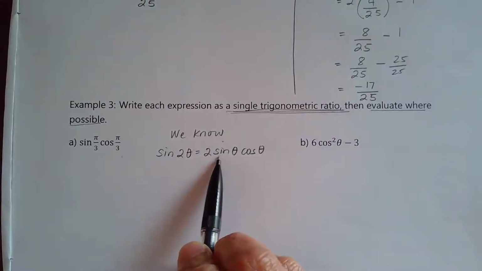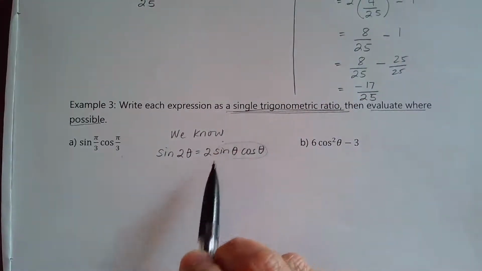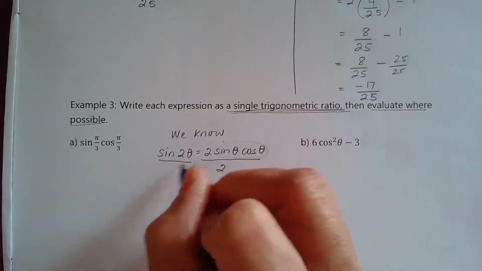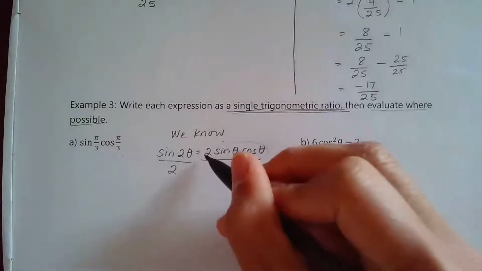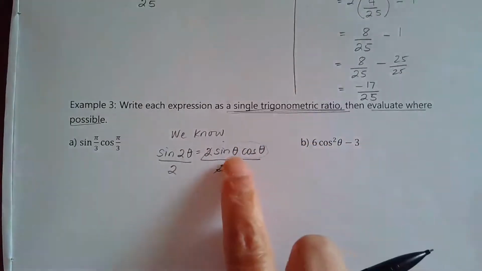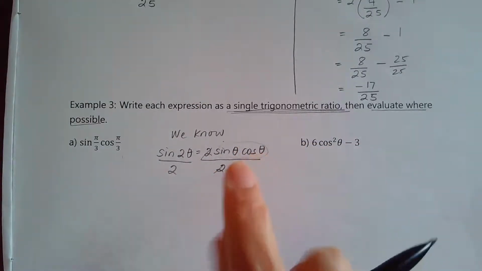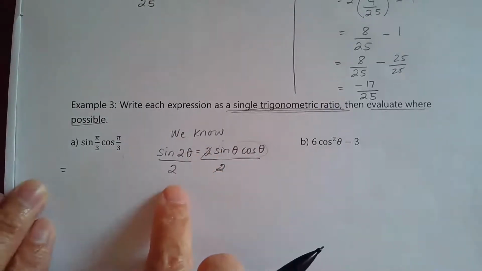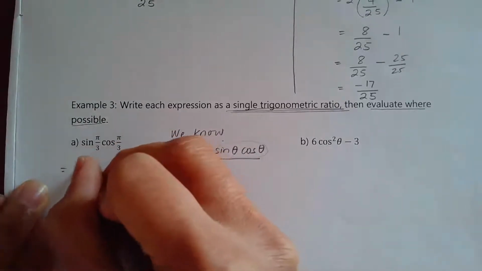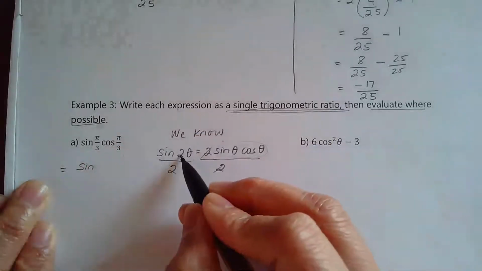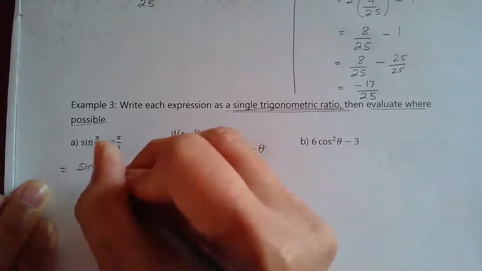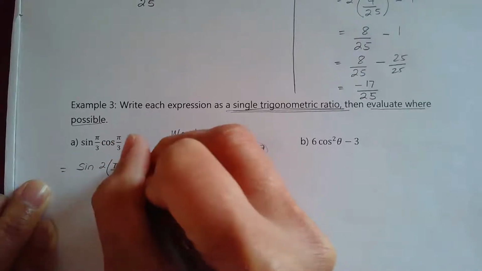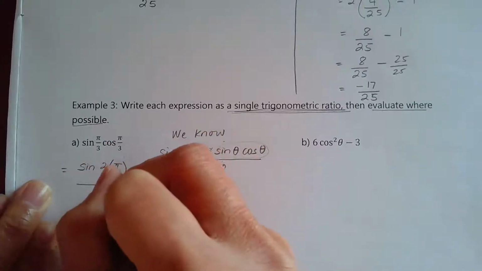So if this is what we have, then we can divide it by 2, and that cancels. Now, in this particular case, we can write this as sine of 2 times pi over 3, divided by 2.